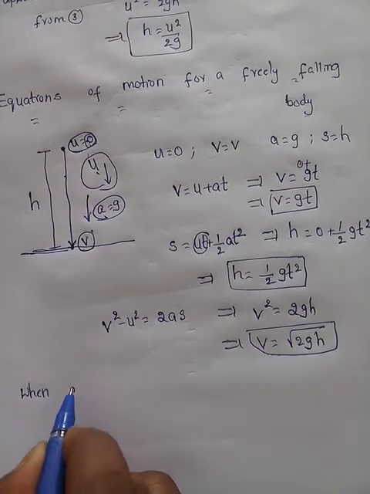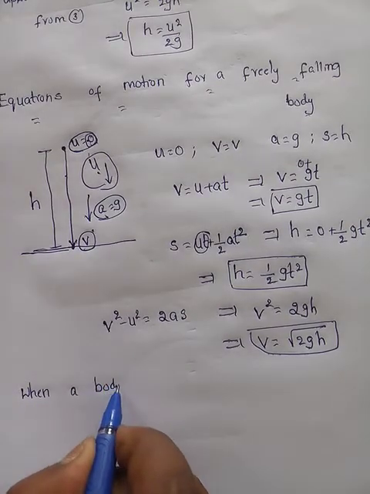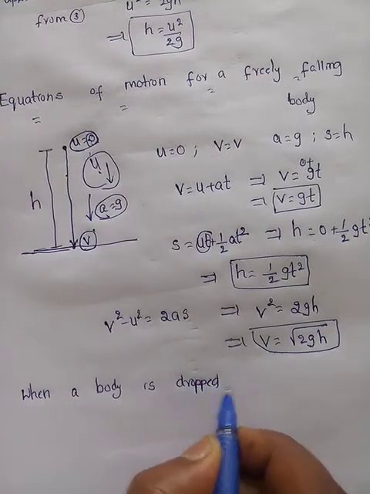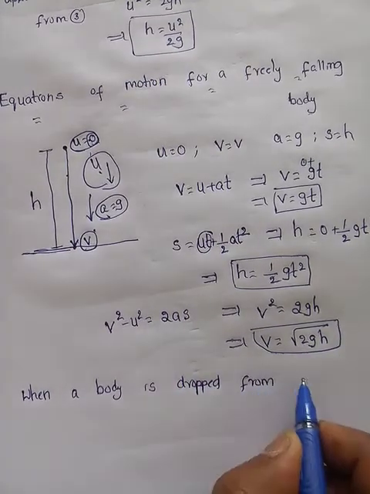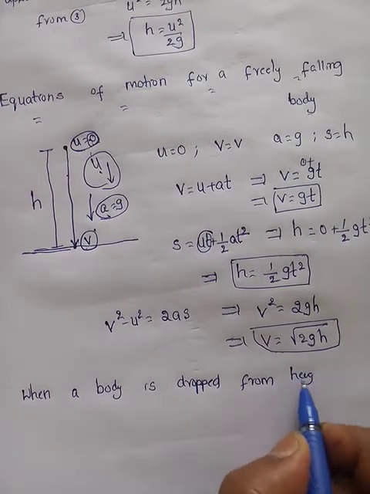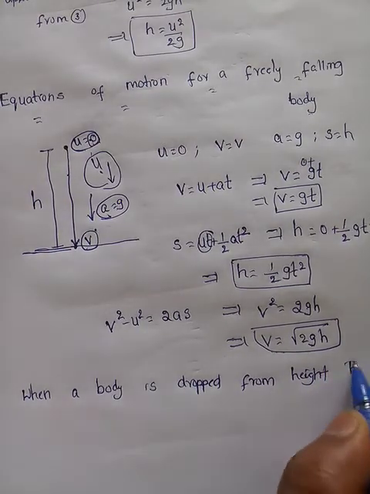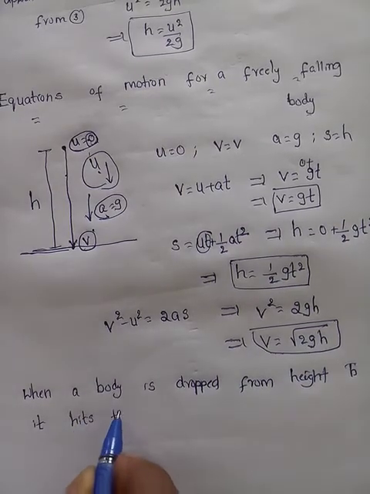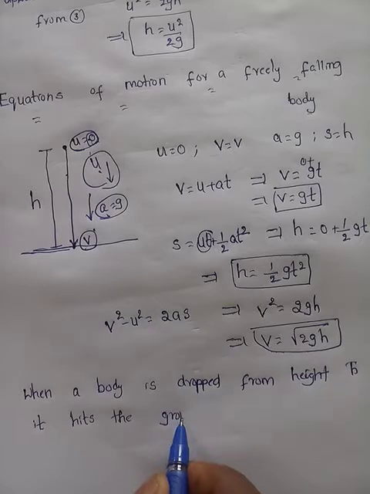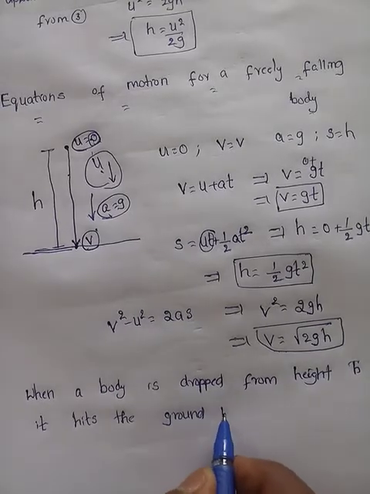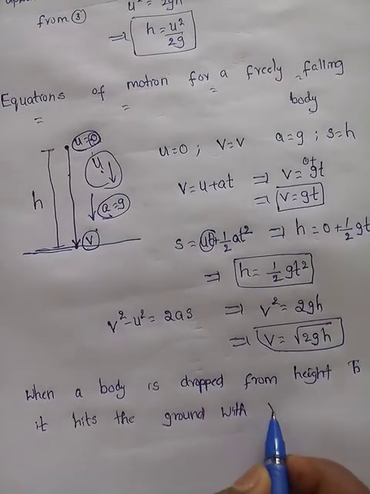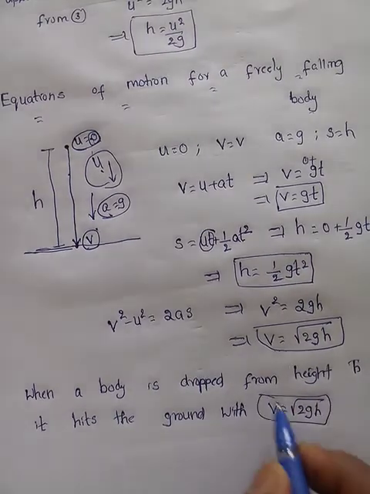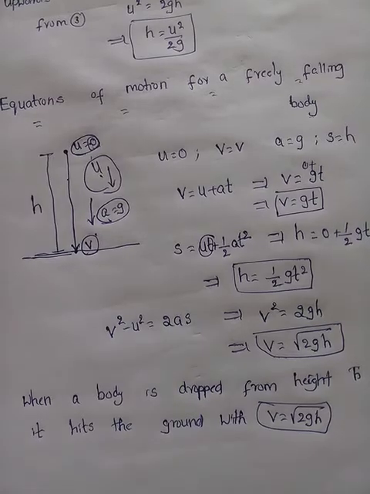So these equations explain that when a body is dropped from height h, with what velocity it reaches the ground we can calculate using this equation: v equals root of 2gh.